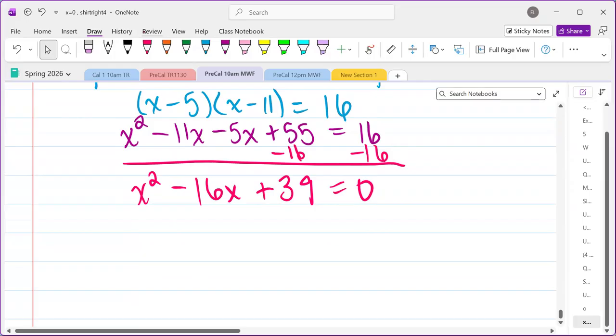So now I've got a quadratic that is equal to 0. Now I can factor or I can use the quadratic formula. I don't have the quadratic formula written on the formula sheet, but if you want to use it and you don't remember it perfectly, come up and ask me and I will write it down for you. No problem.